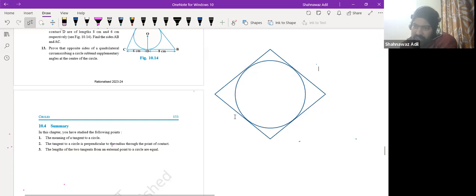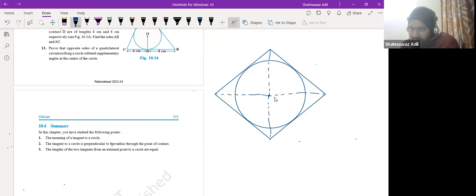Now they are saying that if we choose, let's say we have this center point. So if we choose these two sides, these angles, this should be supplementary, right?